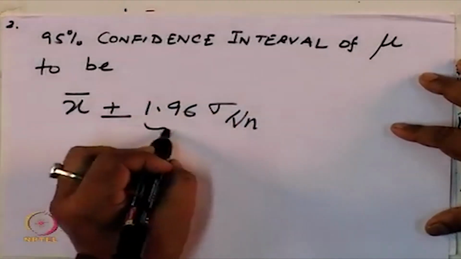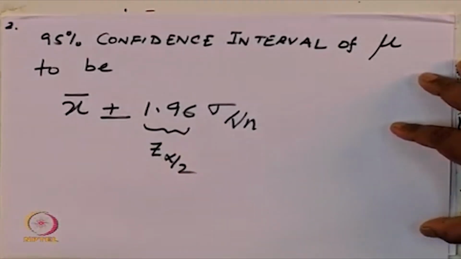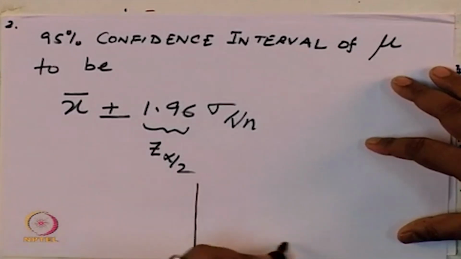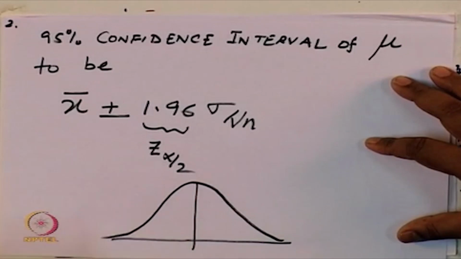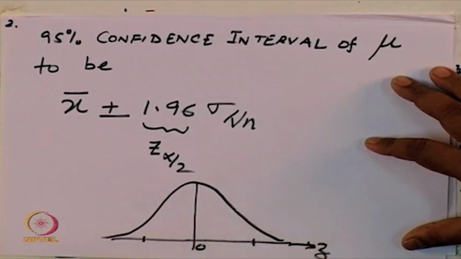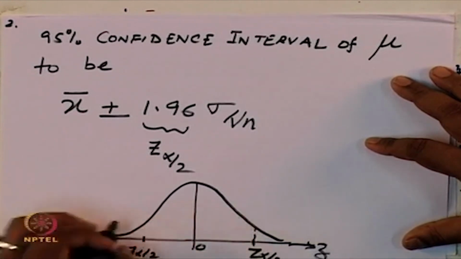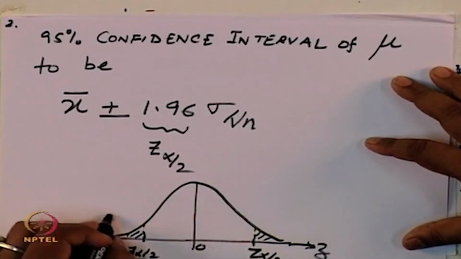This term you can write in general as z of alpha by 2. What is z of alpha by 2? If I plot this curve, this is 0 for the standard normal variable z, this is minus z of alpha by 2, this is plus z of alpha by 2, and if you integrate these two tail areas, you get a value of alpha.